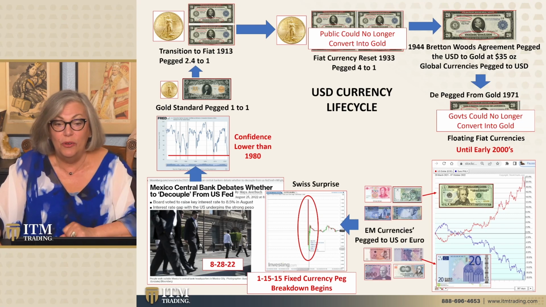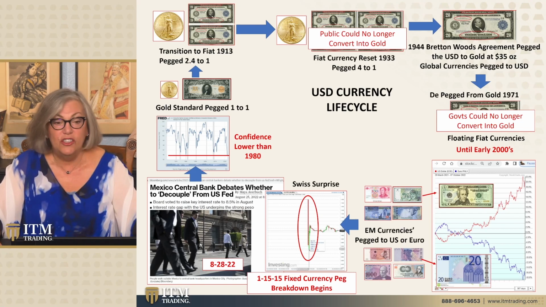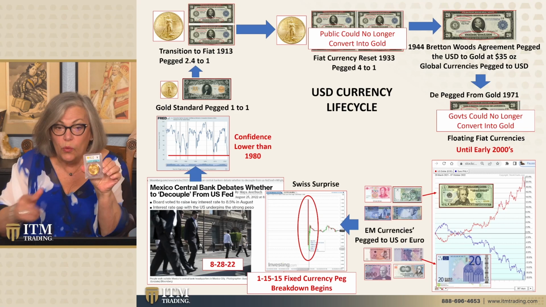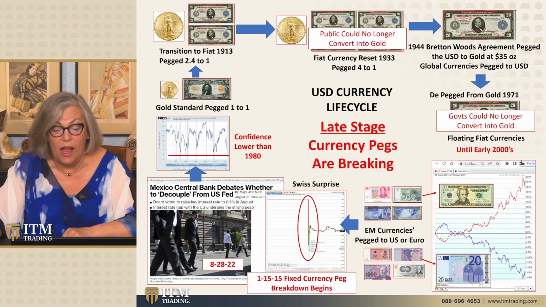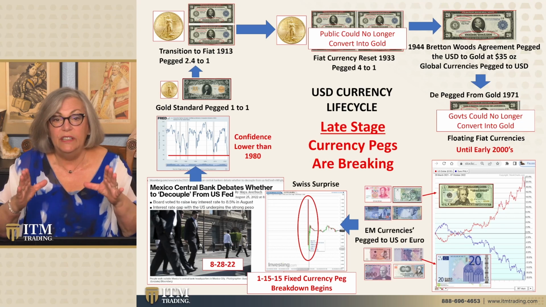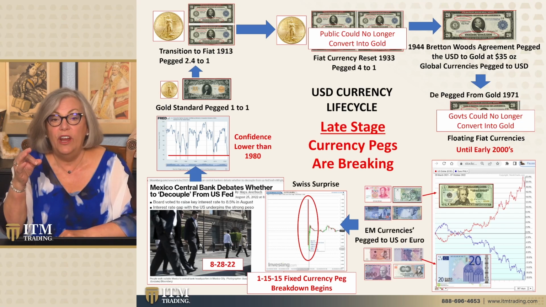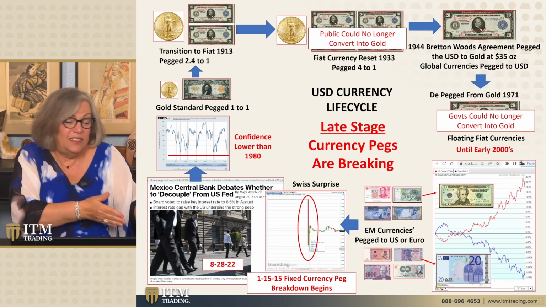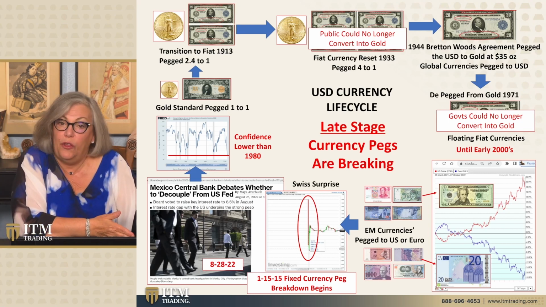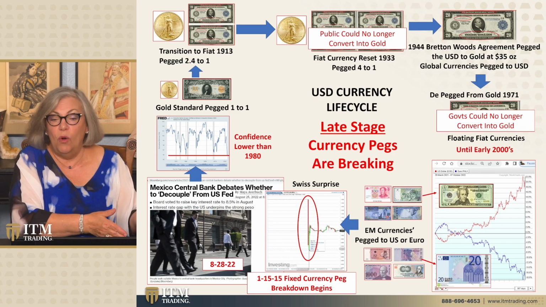This is not a good place to be unless you have protection. Real money. That's what has withstood the test of time. So what you really need to know is that we are in the late stage. While I can't tell you it's Tuesday morning at 8:35, it very well could be. The world is very fragile.